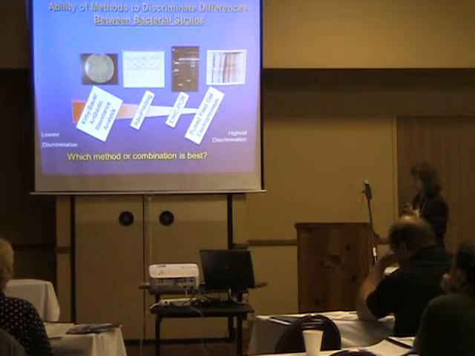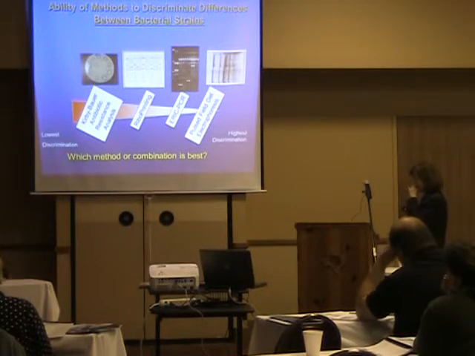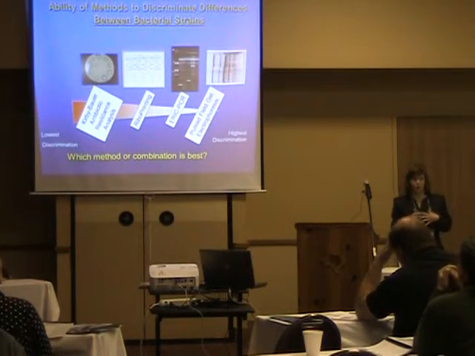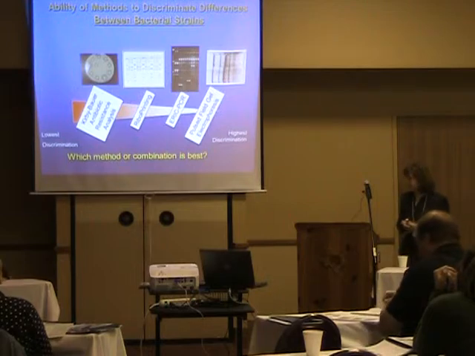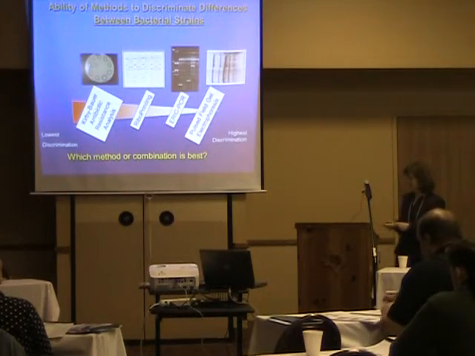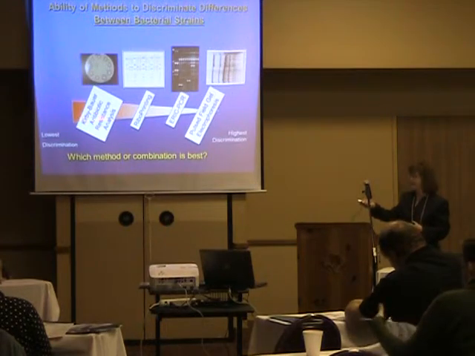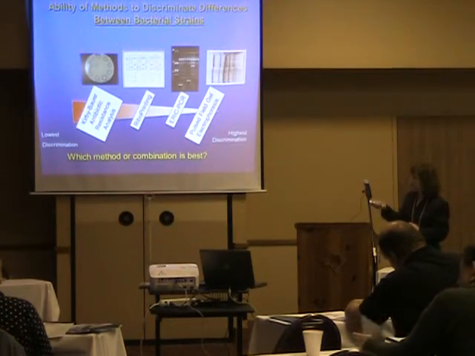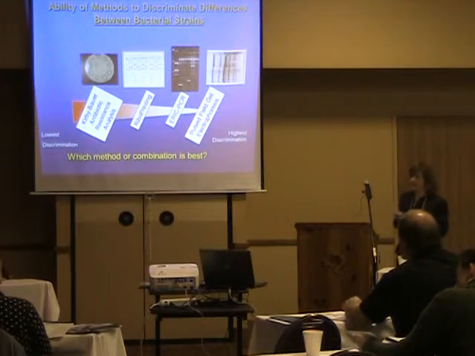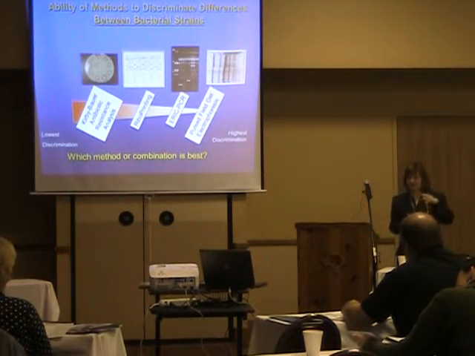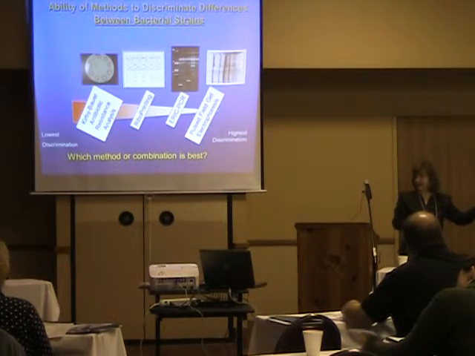The other goal of these studies was to determine what BST method or combination of methods were best. There's different ways to think of these methods. You can think of them in terms of working from lowest discrimination power to highest discrimination. Pulse field gel electrophoresis, Dr. McElhenney was talking about this earlier today with her food source tracking studies.